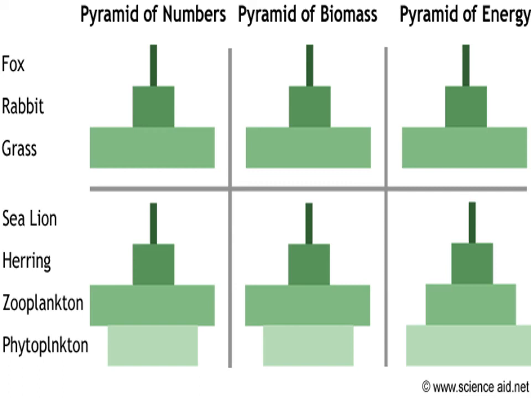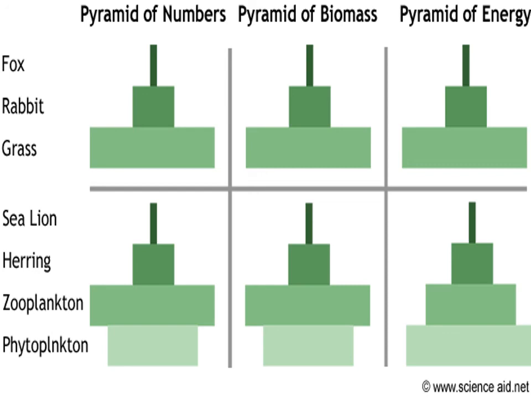We have a pyramid of numbers on the left, a pyramid of biomass in the middle, and a pyramid of energy on the right. You see a fox, a rabbit, and grass. Pyramid of numbers, pyramid of biomass, pyramid of energy. And then if you look at the bottom, you see sea lion, herring, zooplankton, and phytoplankton.